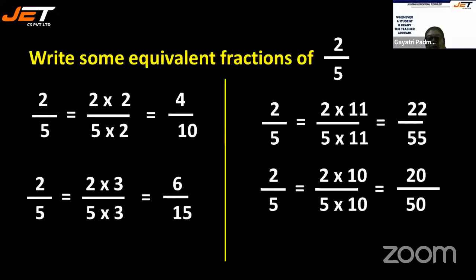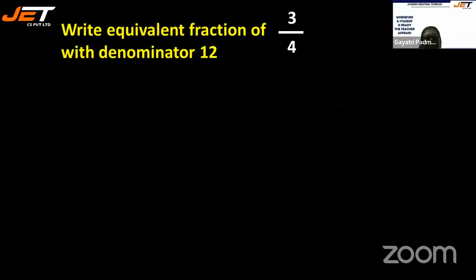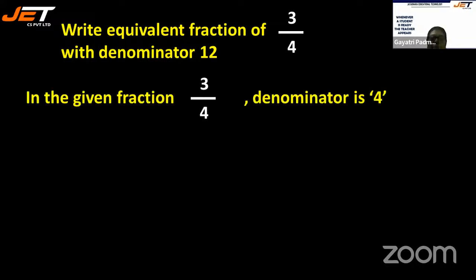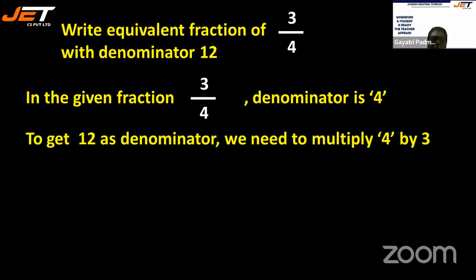All right, so this is how you have to represent equal fractions. Now write the equivalent fractions with denominator 12. All right, students, it's very simple. In the given fraction 3 by 4, the denominator is 4, isn't it?